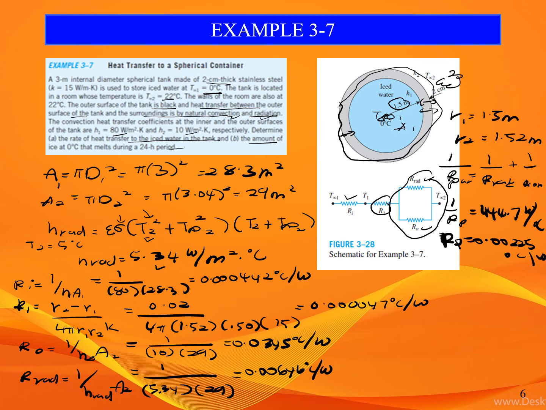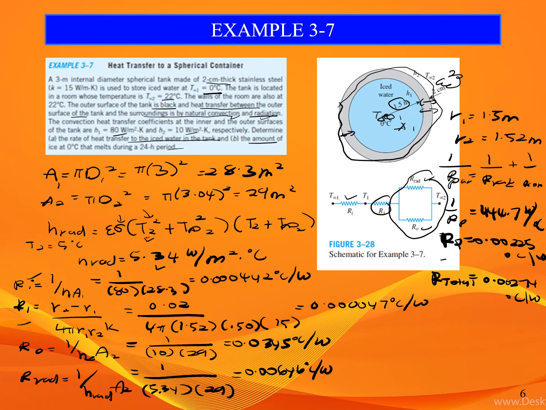Okay, so our total resistance is equal to the sum of Ri plus R1 plus R parallel, and you will get 0.00274 degree C over watt.